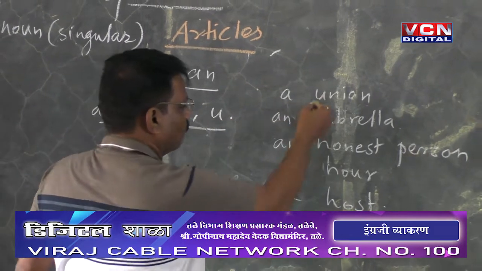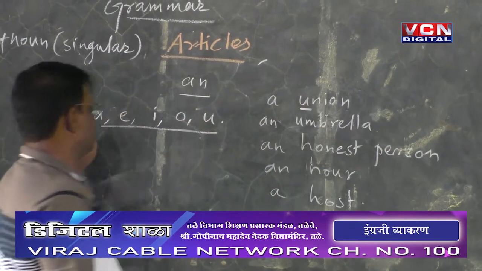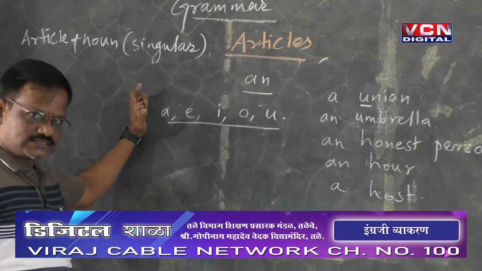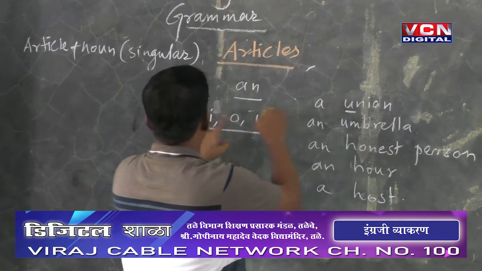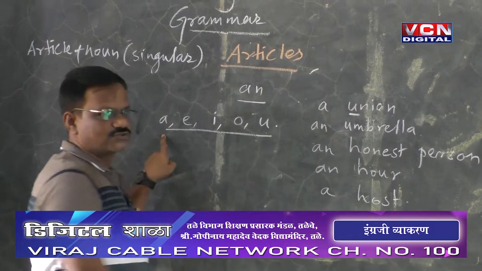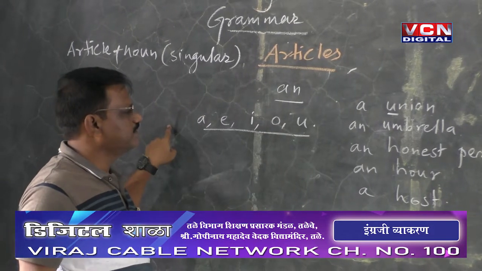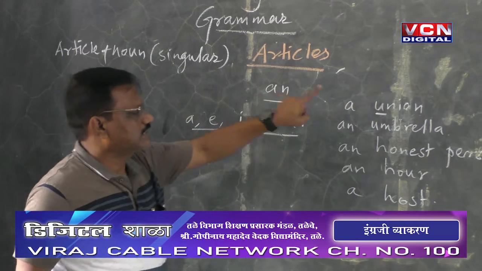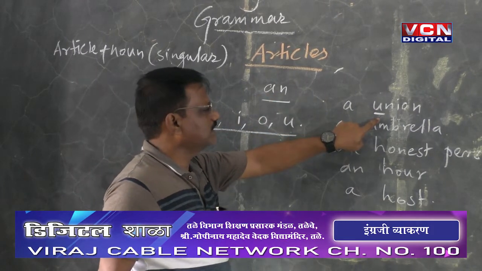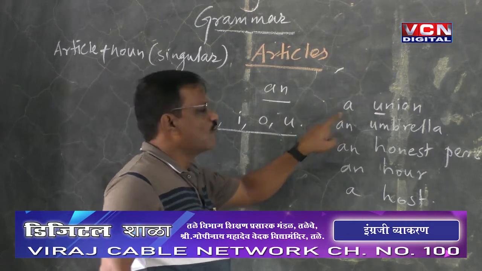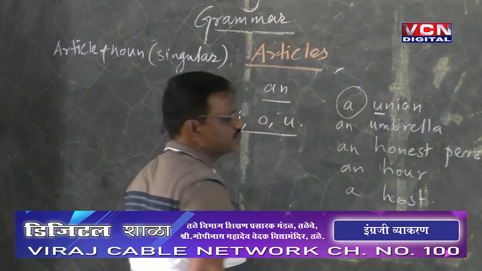The word begins with U, and as far as this definition of vowel is concerned, you see U is used, and this definition tells you that an should be used before a word that begins with the vowel U. But here you see it takes a. Why is that so? That is a confusion.